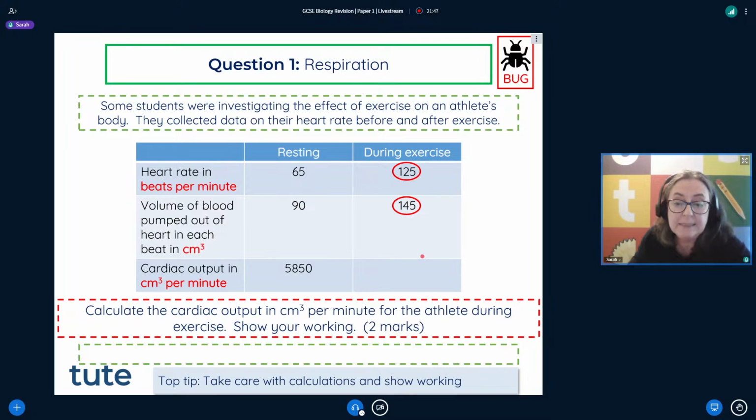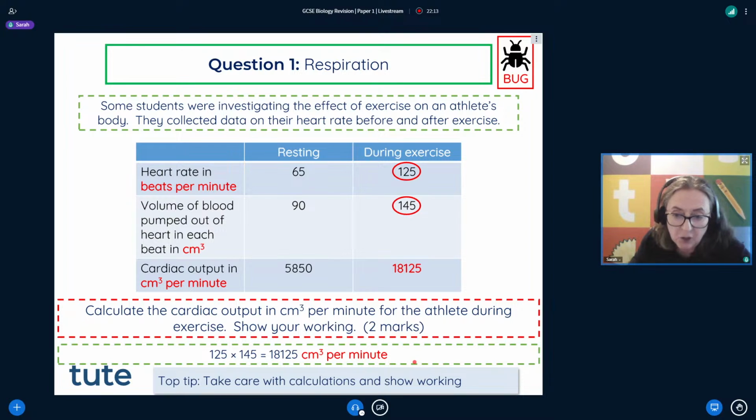All you have to do is multiply the two together. And if you look at the resting data, you could probably figure out from that how to calculate this cardiac output, because it will be the same calculation. So all you do is do your sum, 125 multiplied by 145, which gives you 18,125 centimeters cubed per minute. So you're off and running.